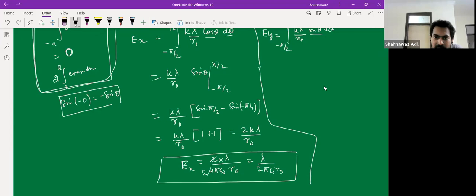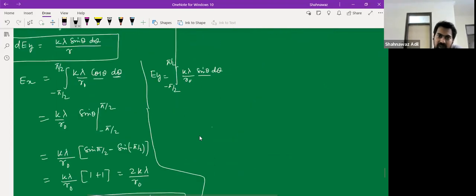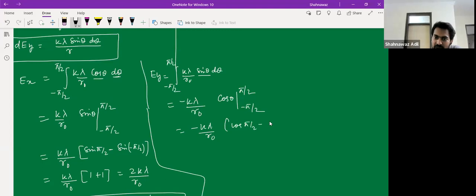What about this one? Let us try to calculate this. So this would be k lambda r naught, and this is minus cos theta, with limits pi by 2 and minus pi by 2. So this will become k lambda r naught cos pi by 2 minus cos of minus pi by 2.